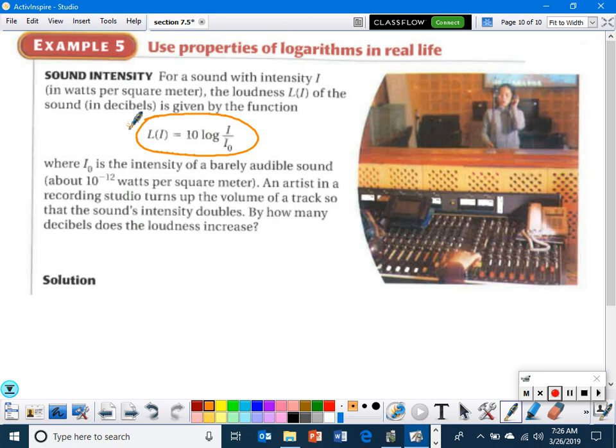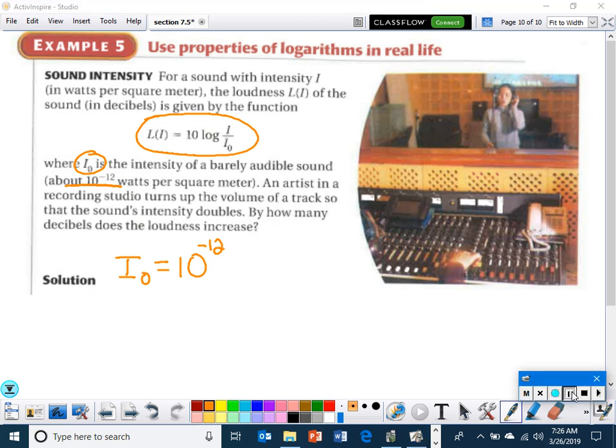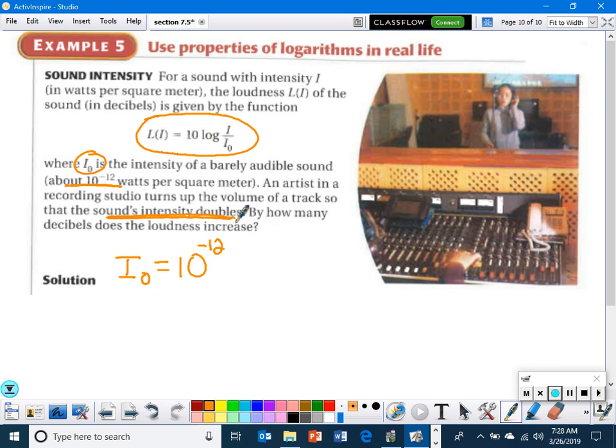Okay, well, I sub 0 equals 10 to the negative 12. That's what it says right here. Now, it says that we want the sound's intensity to double.